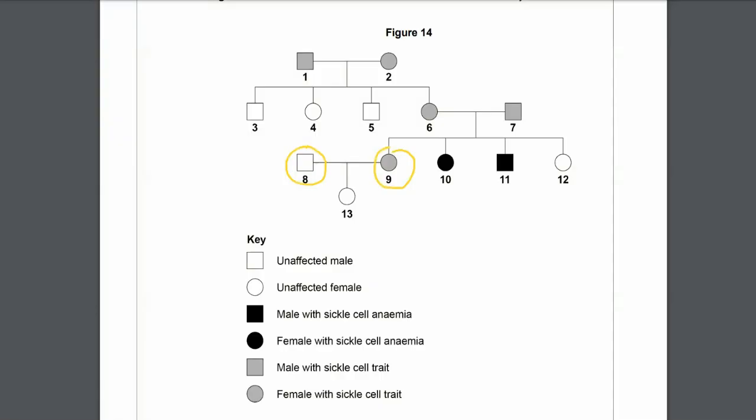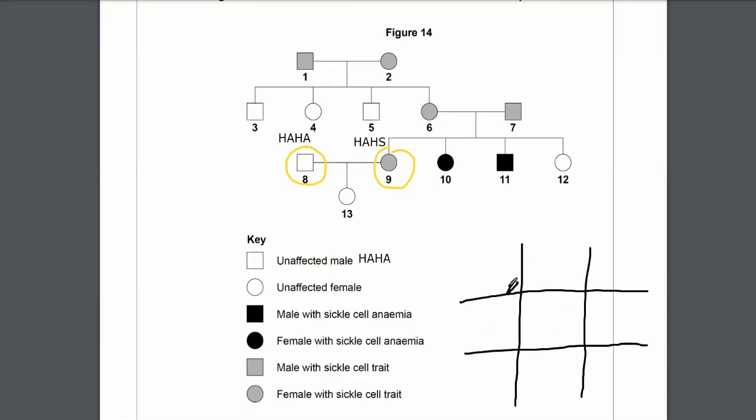They must be HAHA, and that must be their genotype because they're unaffected. And we were told in the stem that HAHA is someone who has normal hemoglobin. Now, 9 has got the trait, so they have HAHS. If they had HSHS, the woman would be a black circle, but she's a grey circle because she just has the trait.